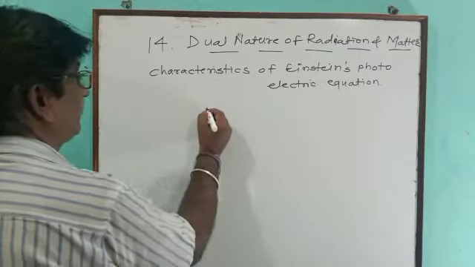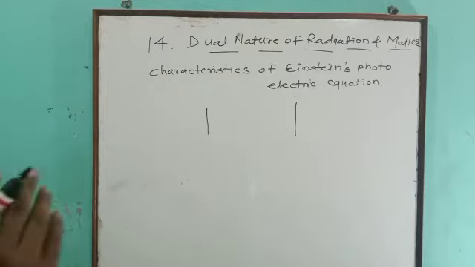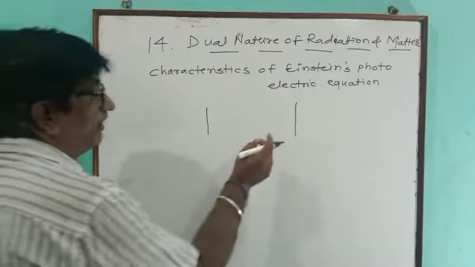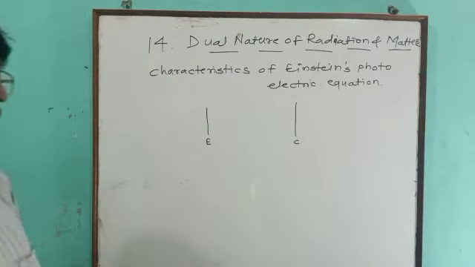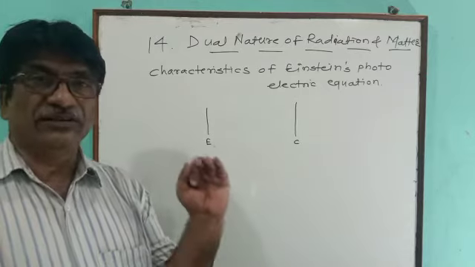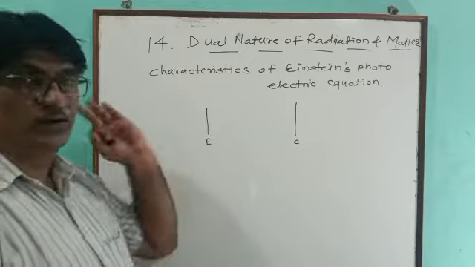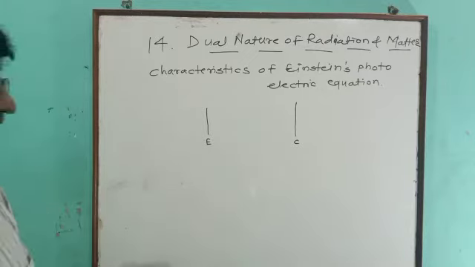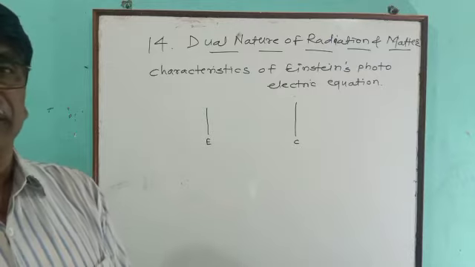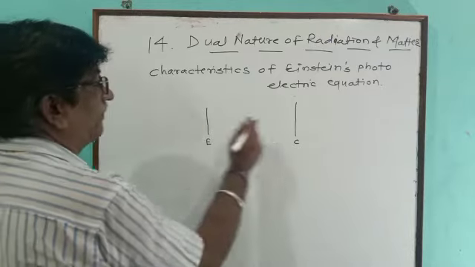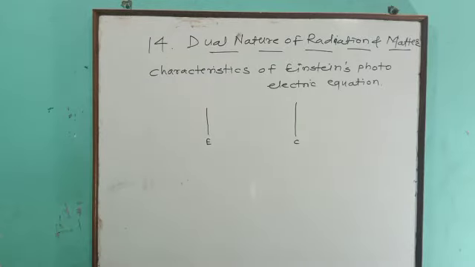One is the emitter, from which electrons are emitted, and the other is the collector. If the collector is taken at a higher positive potential compared to the emitter, a potential difference is applied by a battery across the two electrodes.